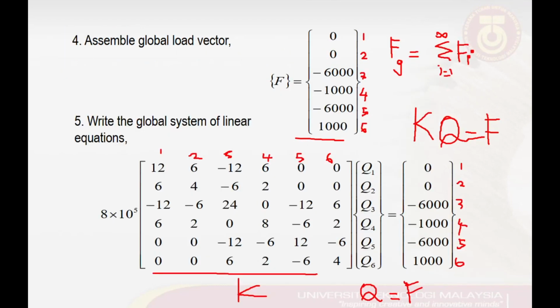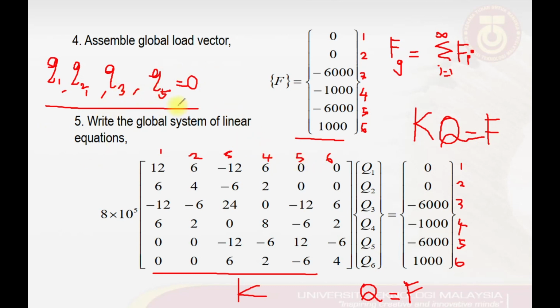So coming back to the system of linear equations, where we have Q1, Q2, Q3, and Q5, all of these are equal to 0. So this full system of linear equations can be written as a reduced system of linear equations by considering these known displacements due to the boundary conditions.